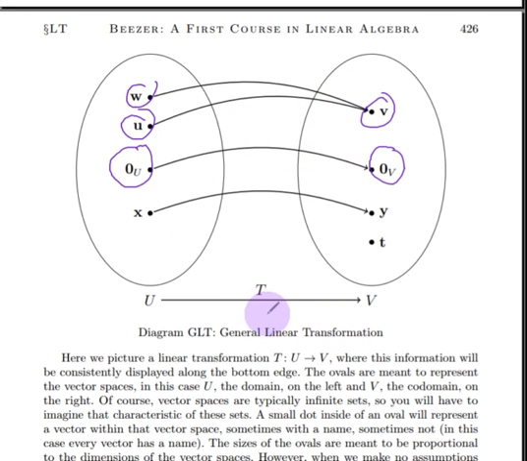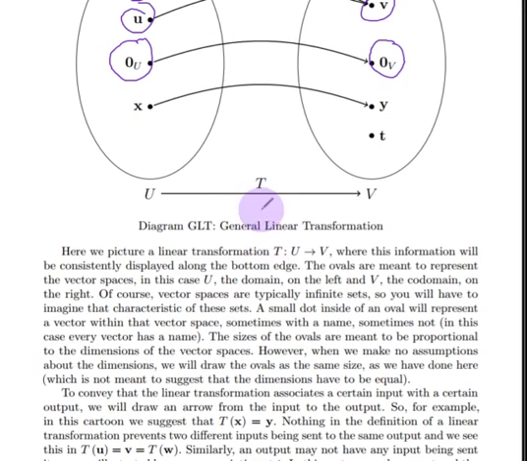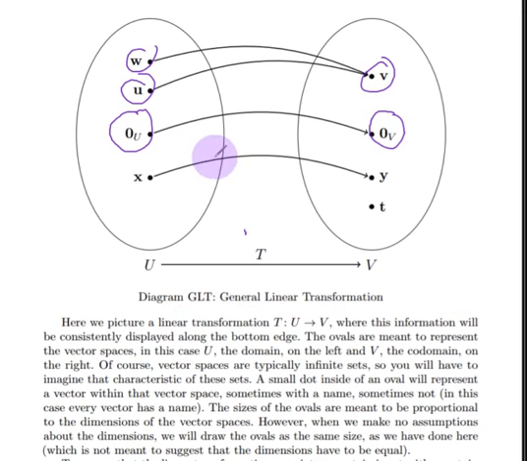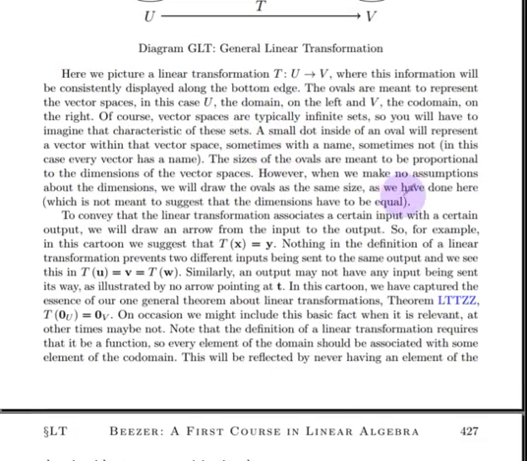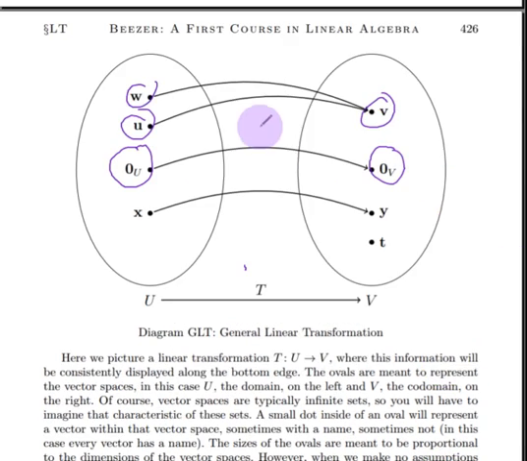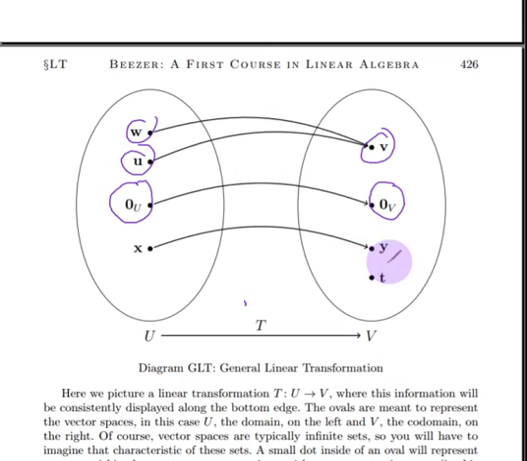And these cartoons are nice because we can use them to show different cases. For instance, in this particular case, the linear transformation is not 1-to-1. We have 2 different vectors going to 1 vector here. The other thing that this shows is there may be elements in the codomain that are not the result from the linear transformation.